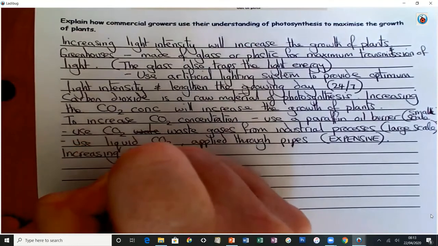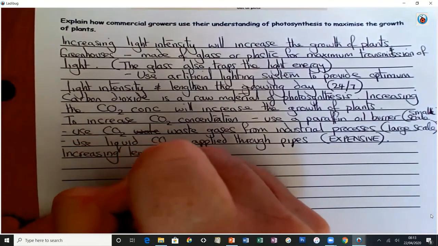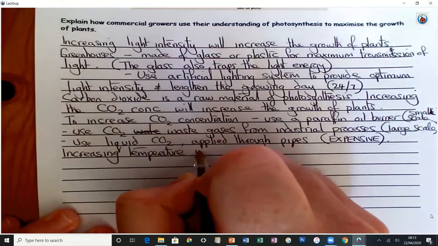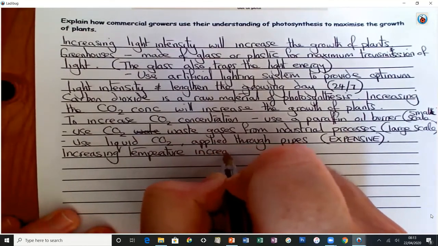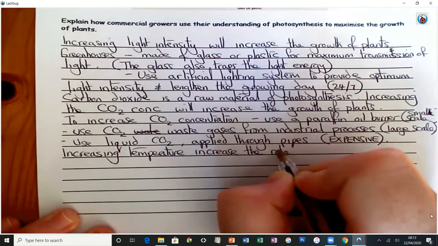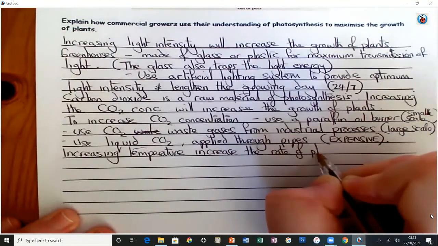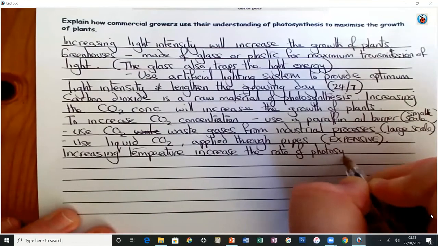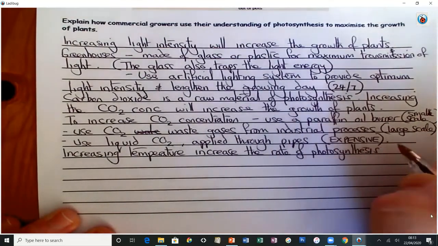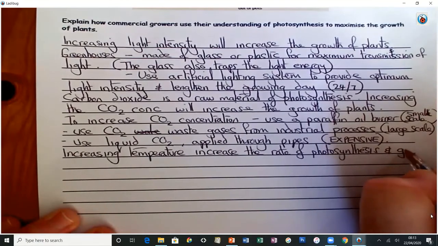Increasing temperature increases the rate of photosynthesis and growth.